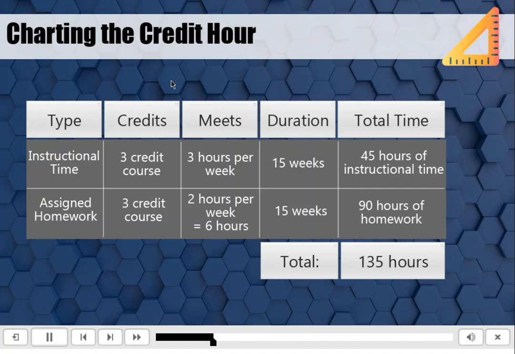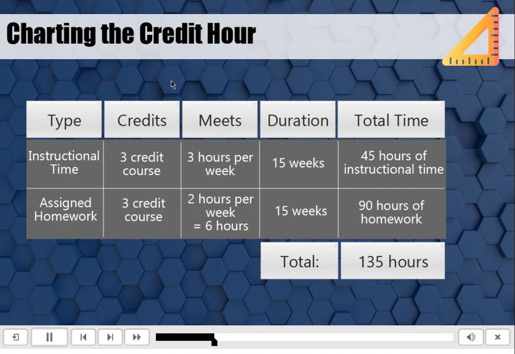So again, the instructional time is based off of the credit hour, a unit measuring the educational credit and time based on the number of hours inside the classroom whereby the student would be receiving instruction from the faculty member.